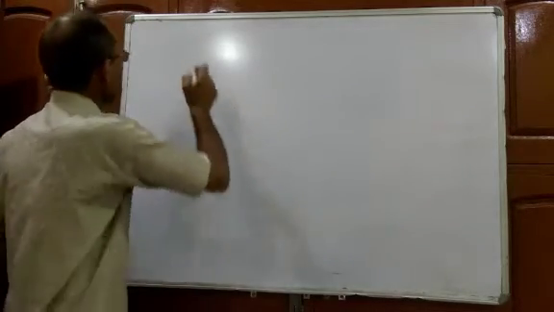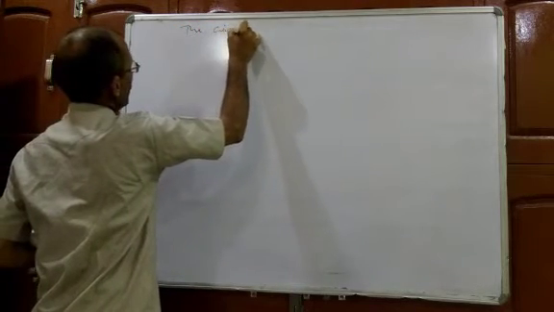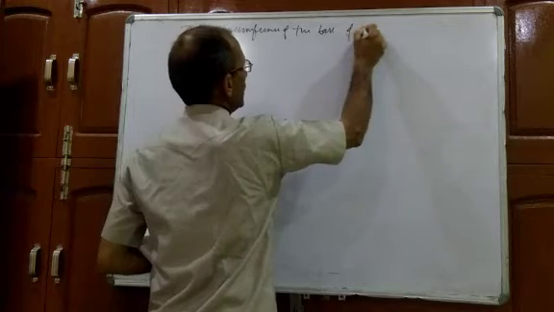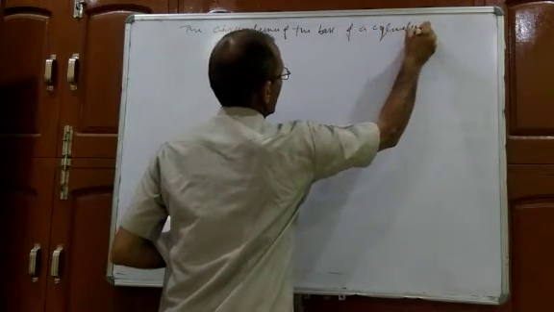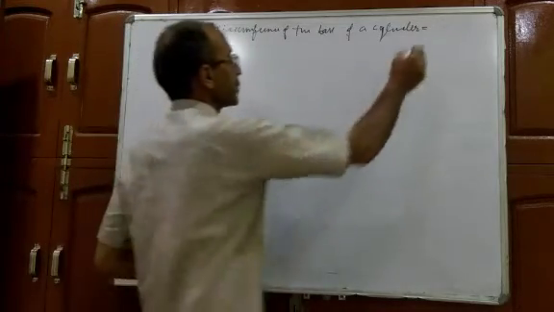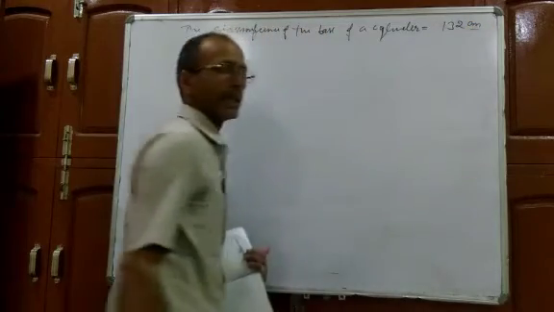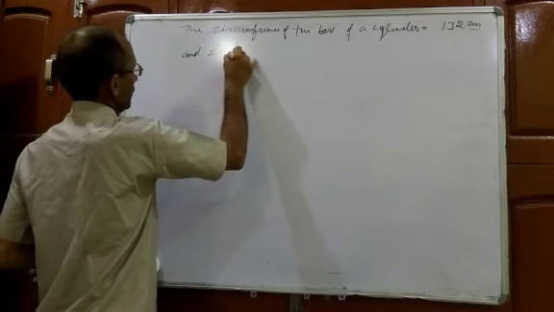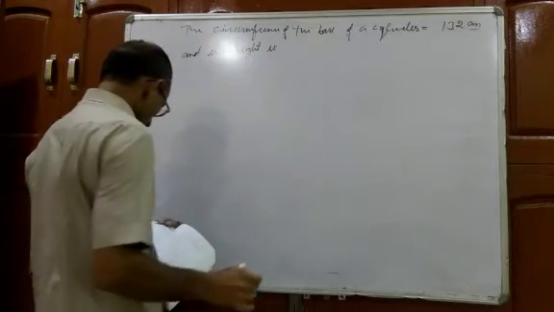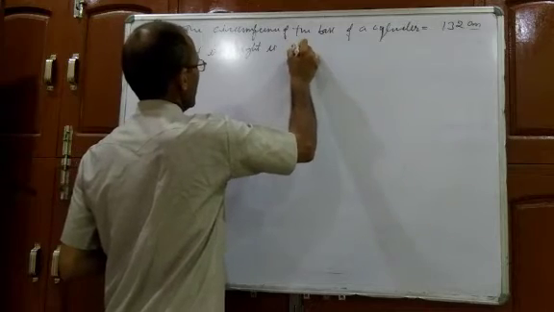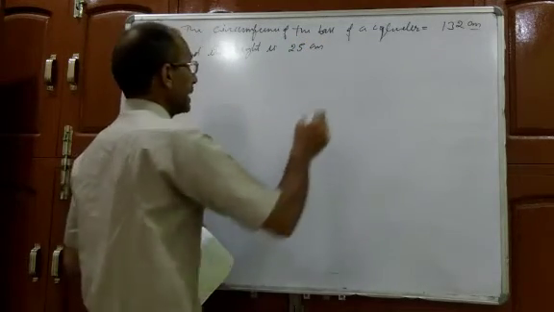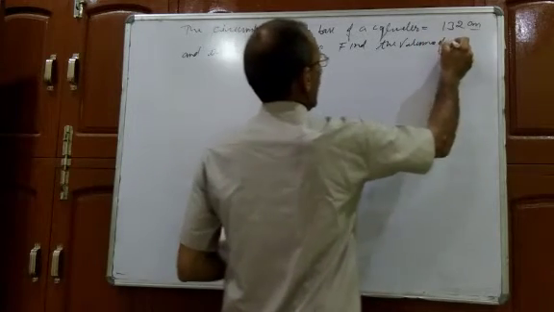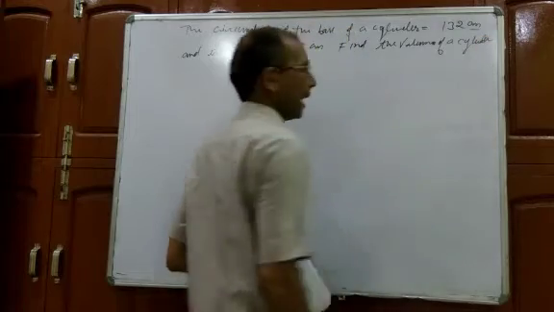The circumference of the base of a cylinder is 132 centimeter, and its height is 25 centimeter. Find the volume of a cylinder.